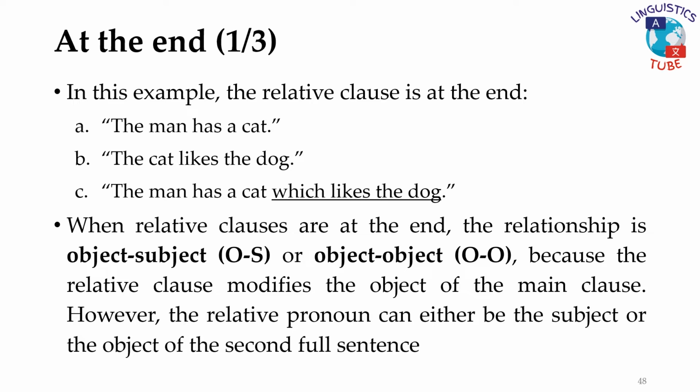Therefore, there are two possible relative clauses in this type: object-subject, OS, or object-object, OO. Like before, the second part of the classification refers not to the relative clause-main clause relationship, but to whether the subject or object of the relative clause is the antecedent of the relative pronoun.